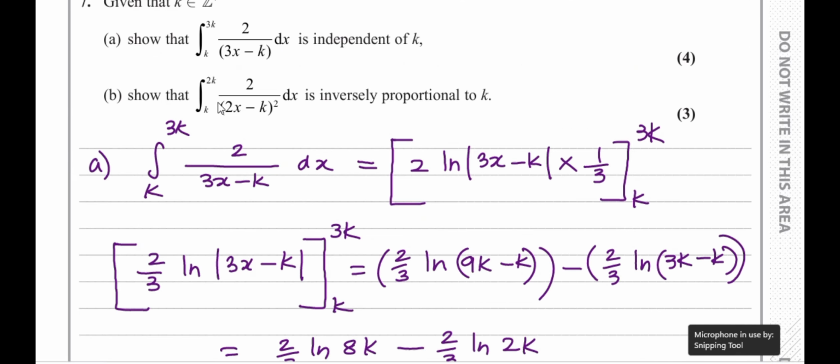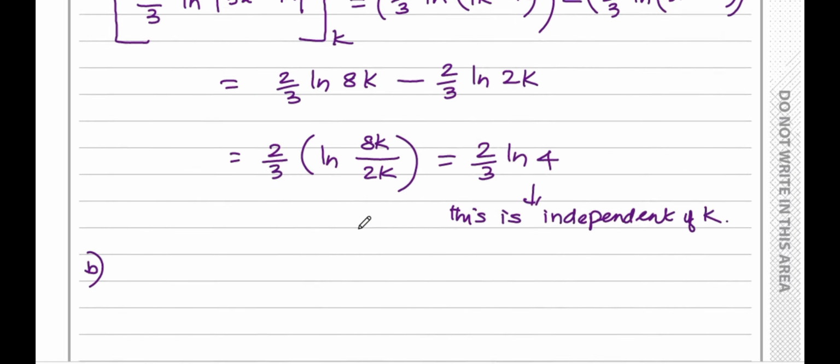B part, show that the integral of 2 over (2x minus k) to the power of 2 between limits k and 2k is inversely proportional to k. So here again we have to integrate, evaluate, and say that it satisfies the inverse proportional equation. So let's write out the equation once again.